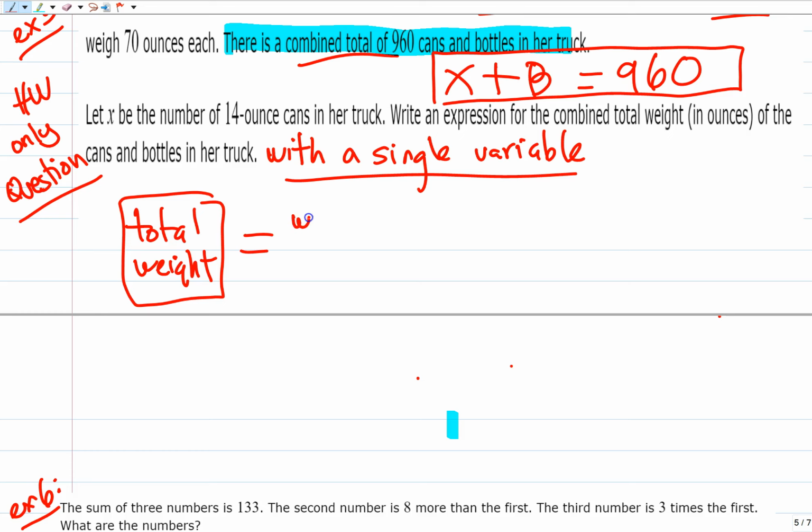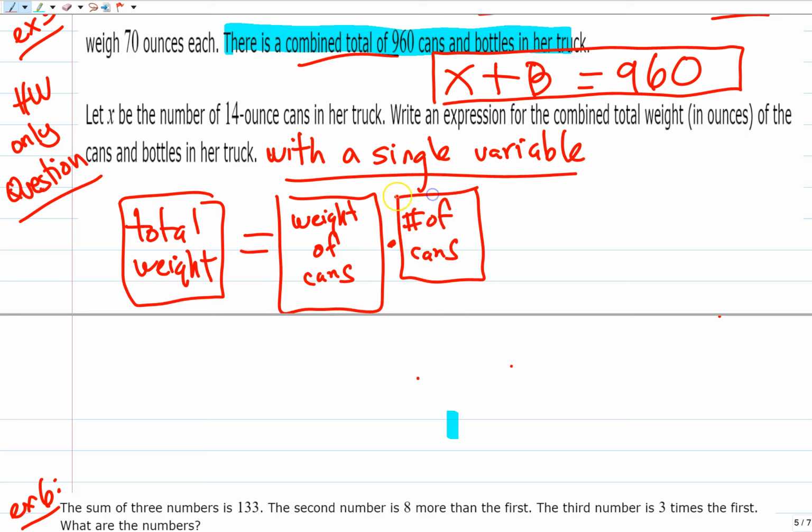We can take the weight of the cans and multiply it by the number of cans. We can take the weight of the bottles and multiply it by the number of bottles.